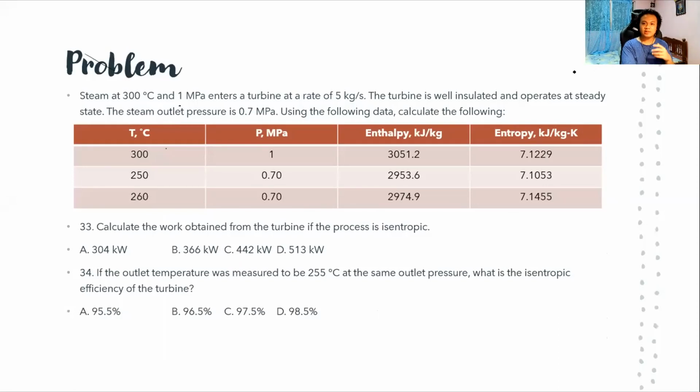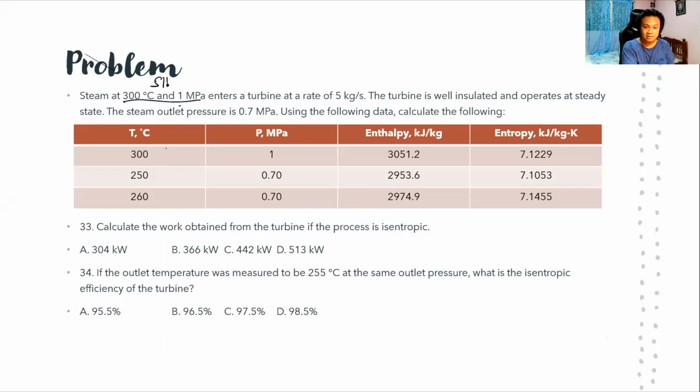So let's continue with the last problem that I'm going to give you this time. So we have a problem here. Steam at 300 degrees Celsius, and we have two values here.